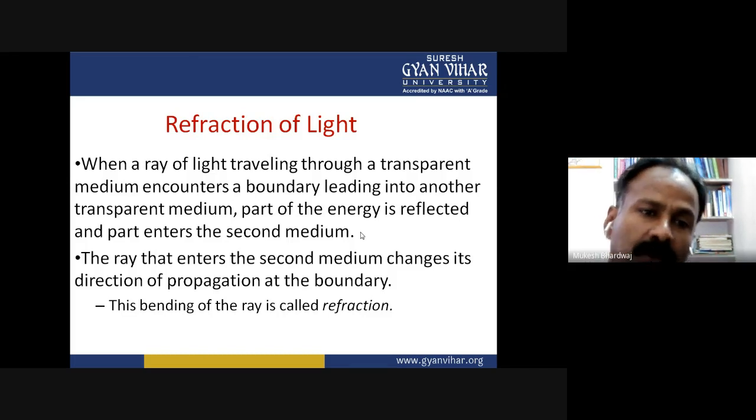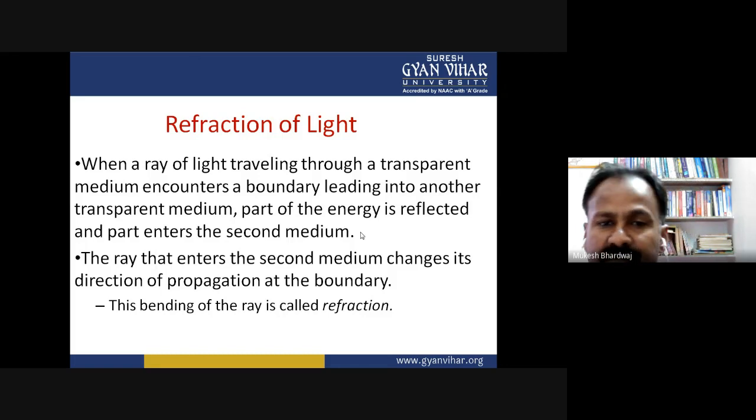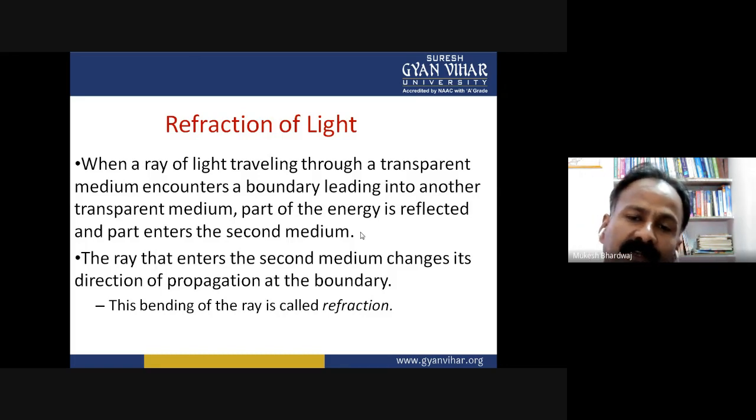When a ray of light traveling through a transparent medium encounters a boundary leading into another transparent medium, part of the energy is reflected and part enters the second medium. The ray that enters the second medium changes its direction of propagation at the boundary.